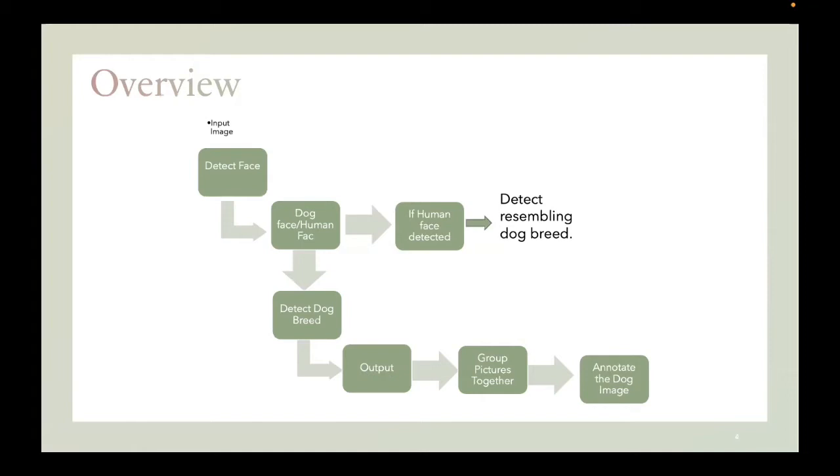If the image is a dog image, it will then detect the dog breed. If the image is detected to be a human image, it will further detect the resembling dog breed for the human face. This output is then fed to a program which will group together the similar dog images.